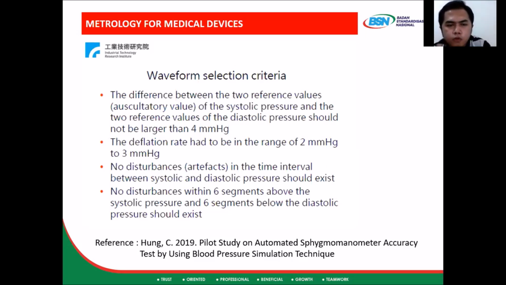If it's below 4 millimeters of mercury, then we accept it as the reference value. So this is why it is important to use well-trained observers. And the deflation rate has to be in the range of 2 to 3 millimeters of mercury per second, with no disturbance in the time interval, and 6 segments above systolic and diastolic.